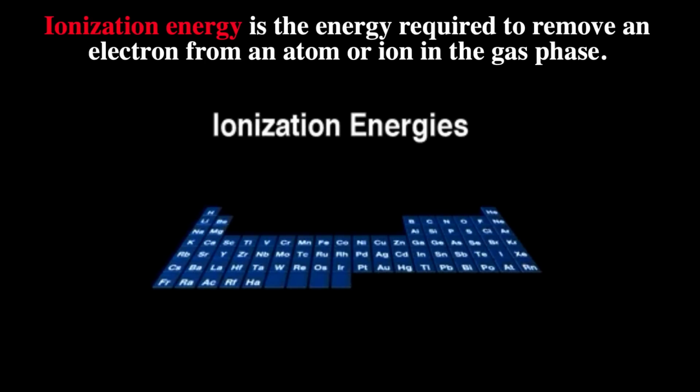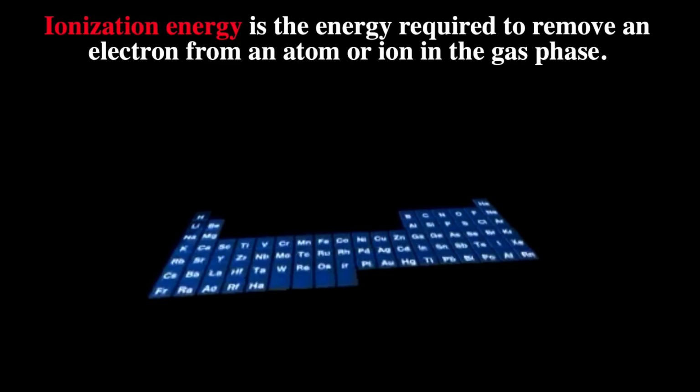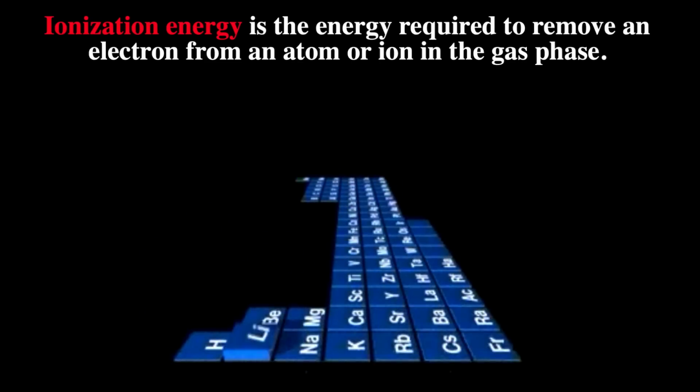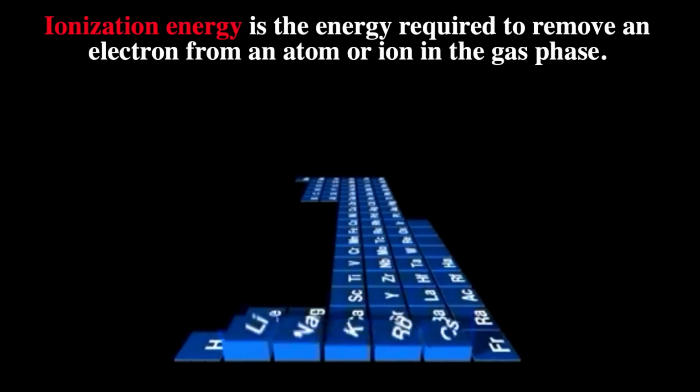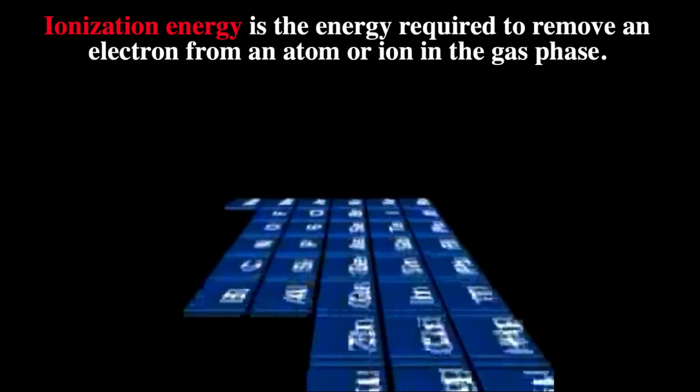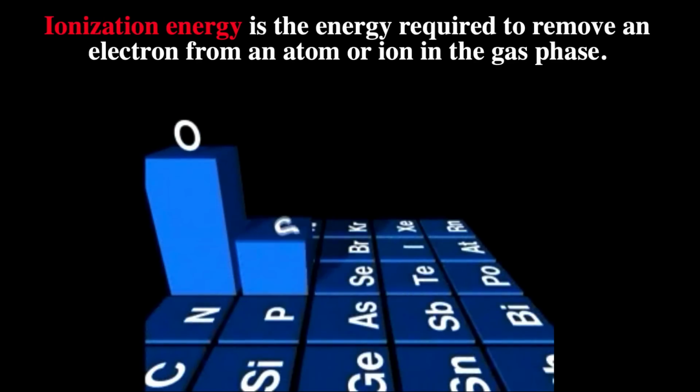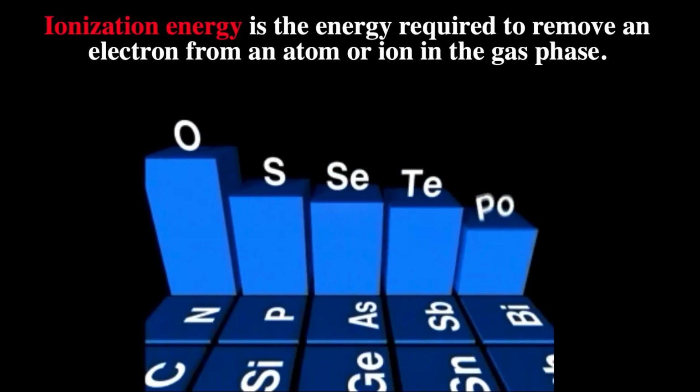The first ionization energy is the energy required to completely remove an electron from a neutral atom. Ionization energy generally decreases as we move down a group because the outermost electrons are increasingly distant from the nucleus. Less energy is required to completely remove the first one.